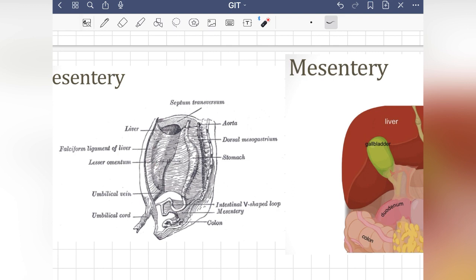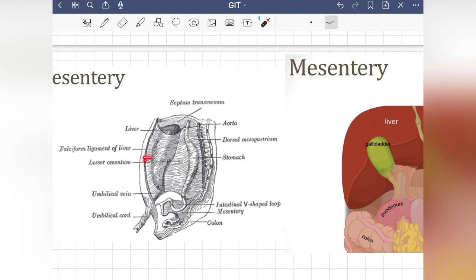What's important to know about the ventral area is that the liver grows into this, and thus two structures on either side of the liver come from ventral mesentery. The first one is the lesser omentum, and the second one is the falciform ligament. This is an image depicting the septum transversum, and remember, all the ventral mesentery comes from septum transversum.